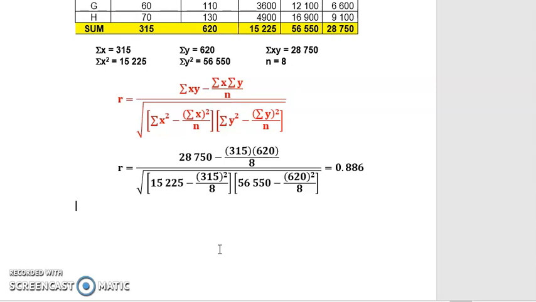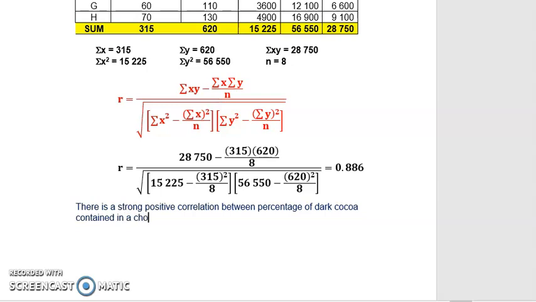So here is how to interpret: there is a strong positive correlation or relationship between the percentage of dark cocoa contained in a chocolate and its price.